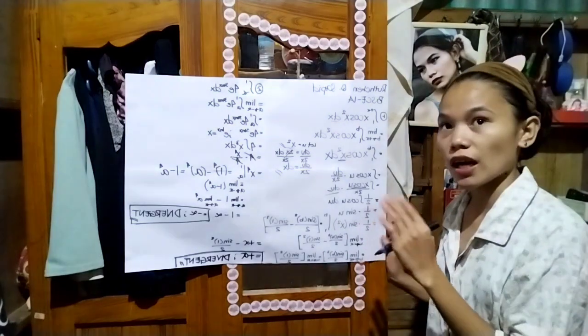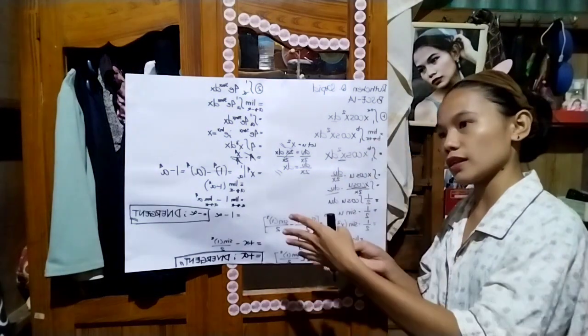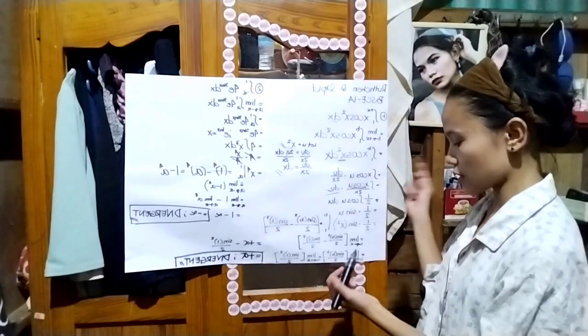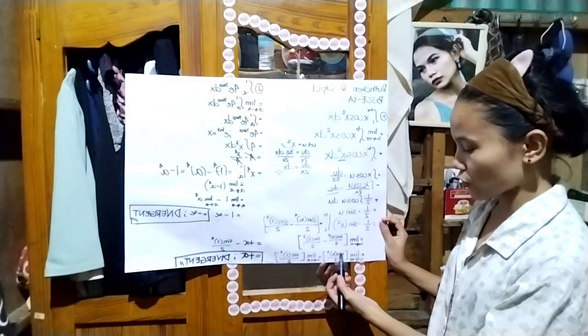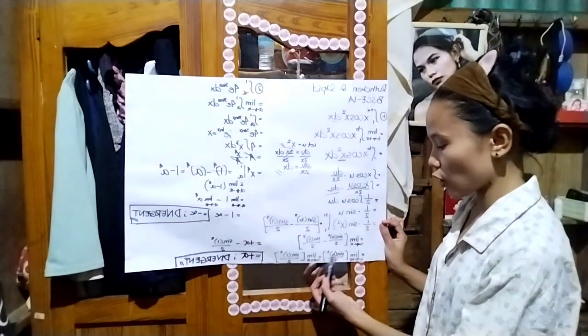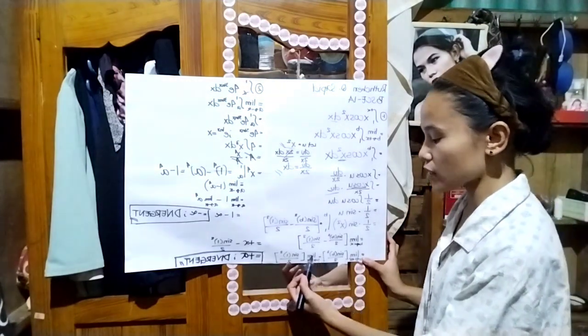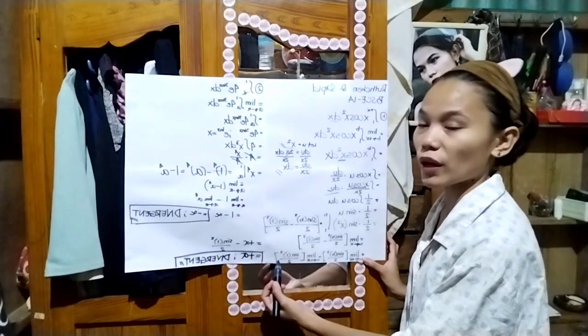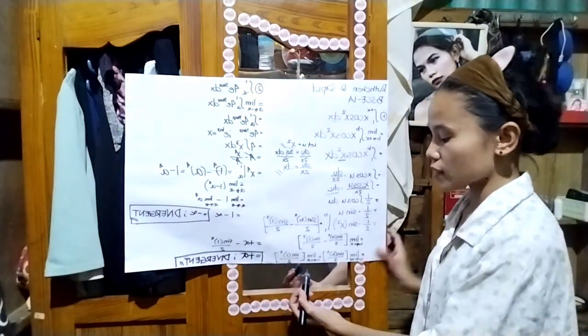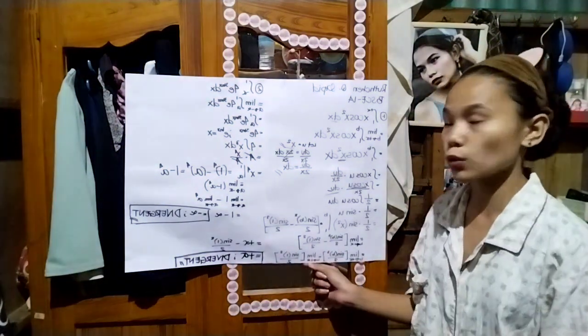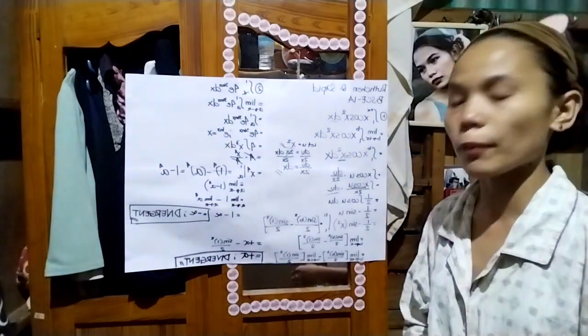We separate them one by one. So it becomes the limit of sine b quantity squared over 2 such that b approaches positive infinity, minus the limit of sine 1 quantity squared over 2 such that b approaches positive infinity. And we are not finished yet.